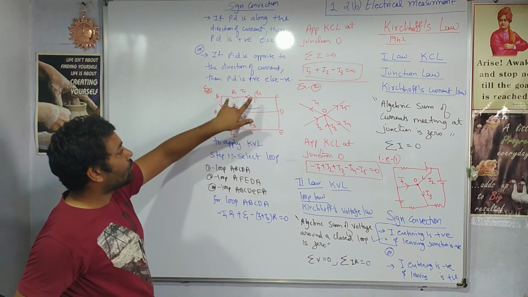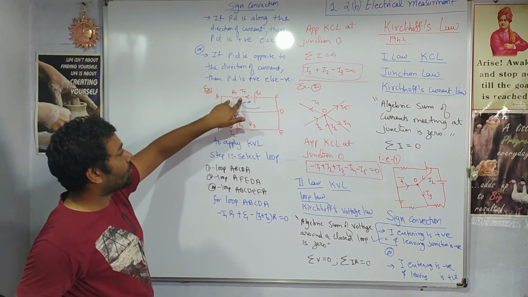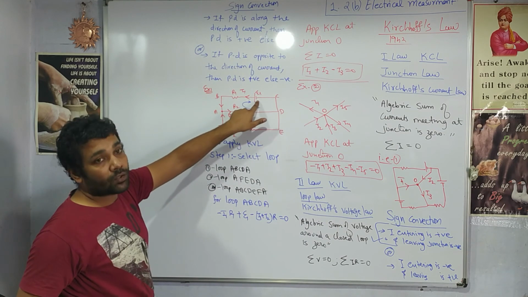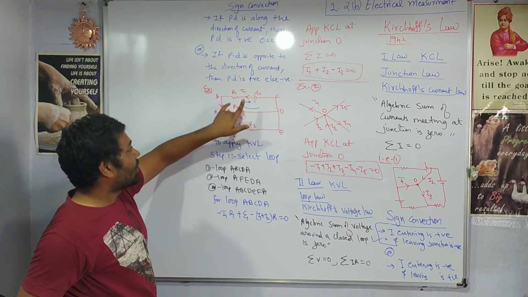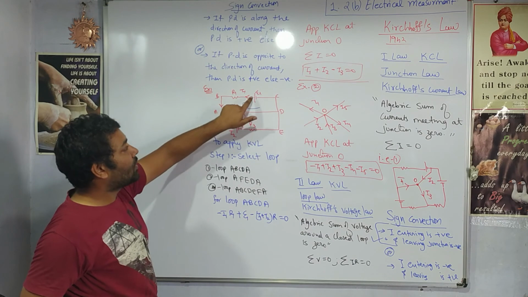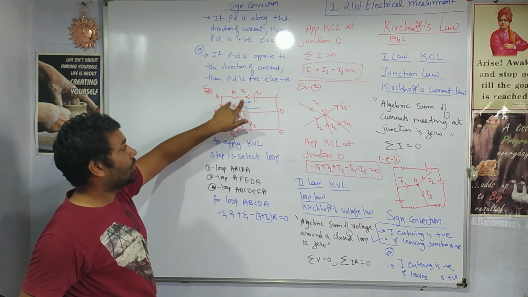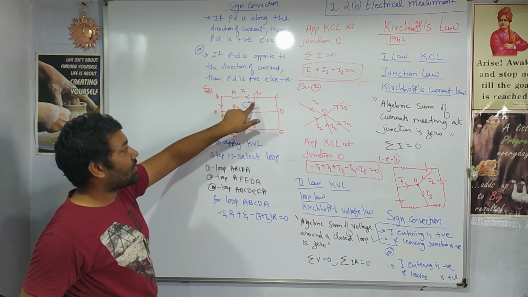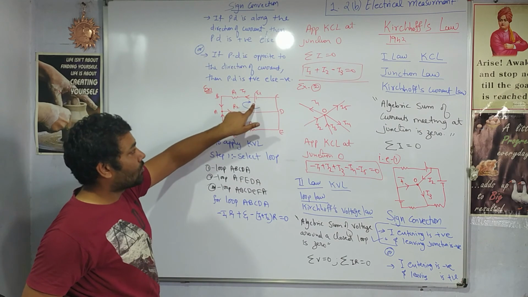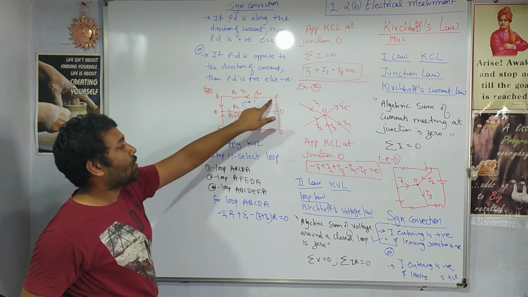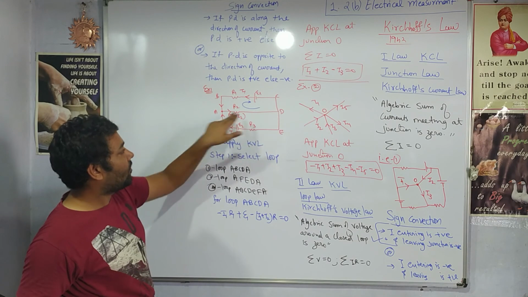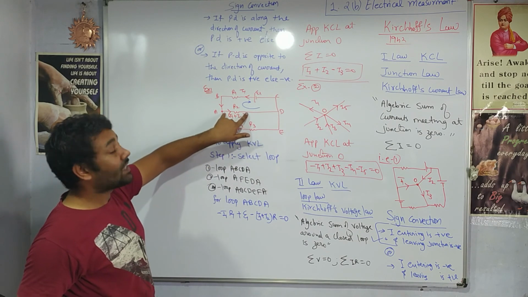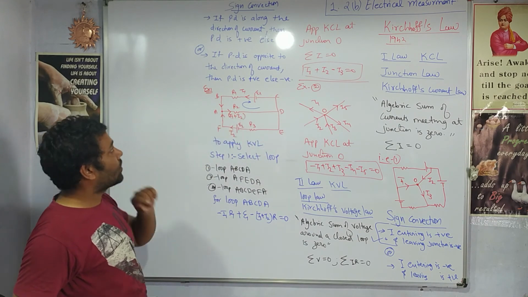B to C, we see two potential drops: one across R1 and the other by the battery. Here the potential drop is negative because we are in the opposite direction of the current. Here the battery's positive terminal is encountered first, so the potential of the battery is taken as positive. CD, no potential drop. For DA, the potential drop is negative because we are in the opposite direction of the current.